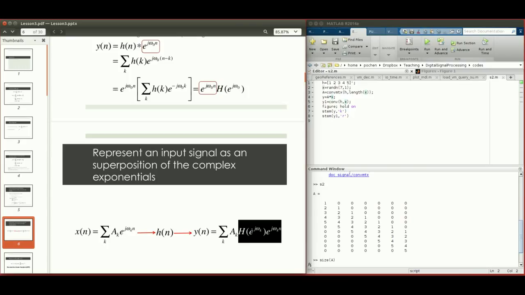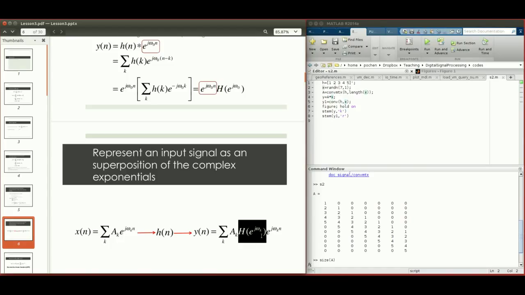This part under the selection is the response of the system to this particular eigenvector. All I have to do is multiply by another scalar a_k and do the same summation over k. So the part here is unchanged. All I have to do is multiply this eigenvector with its corresponding eigenvalue.